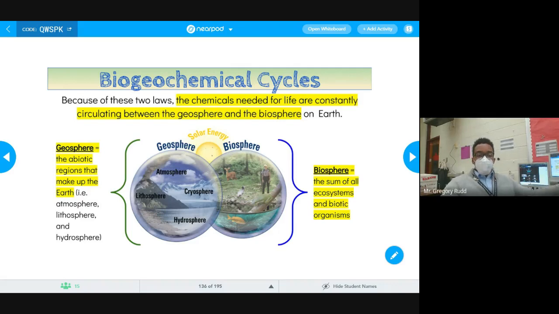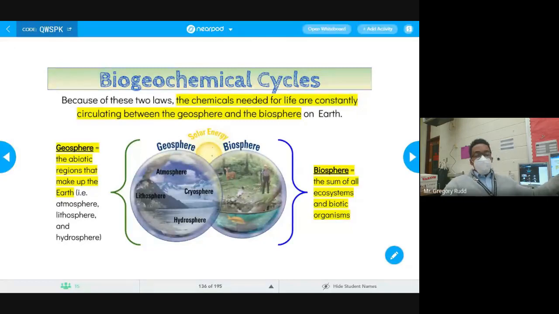The geosphere is the abiotic regions that make up the Earth. So that could be the atmosphere, which of course is all of the gases, the lithosphere, which is the actual surface of the Earth. It could be the hydrosphere, which is the water on the Earth.